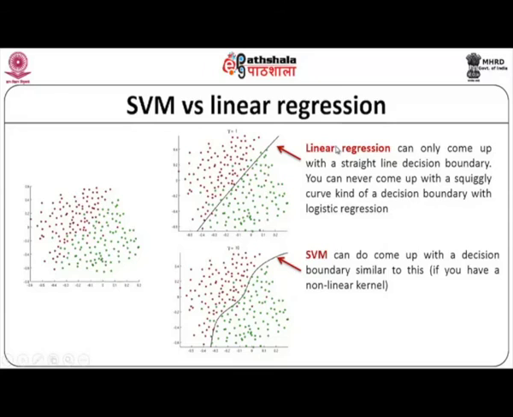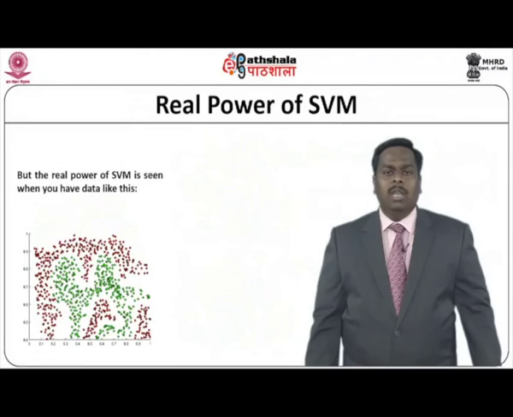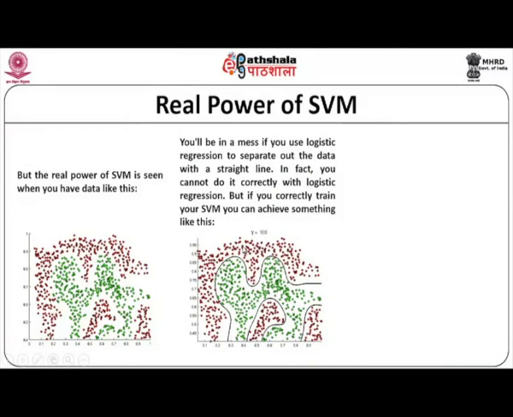So, when we apply a linear regression, we may end up with such kind of straight line, but if we apply SVM, we end up with such a decision boundary that provides a clear demarcation between the two types of data. So, the real power of SVM is, suppose if we have a data set like this, then only SVM is said to provide say an effective result. So, when we apply the training samples and when we train it properly, we may end up with a clear demarcation or a decision boundary as shown here.